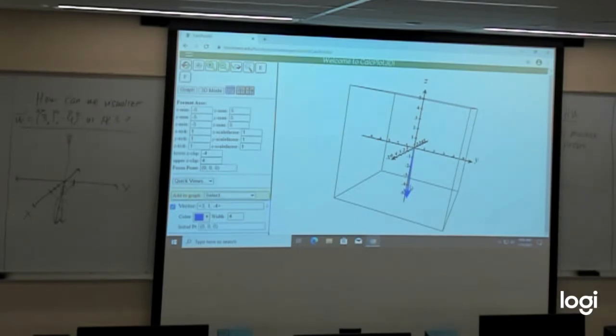Because you could be saying something along the lines of, maybe it's an x coordinate of 1, a y coordinate of 3, and a z coordinate of 0. Something like that. Or, keeping the same arrow, maybe it's an x coordinate of 0, a y coordinate of 3, and a z coordinate of negative 2.5.